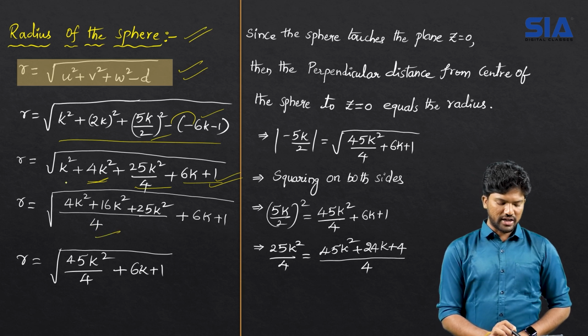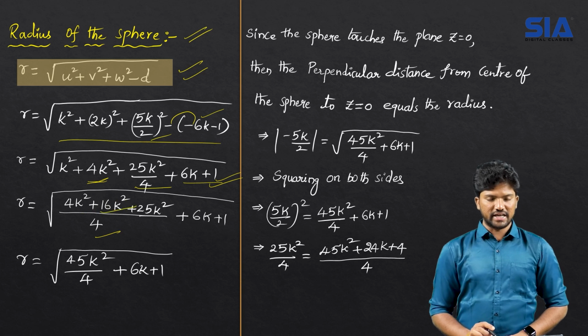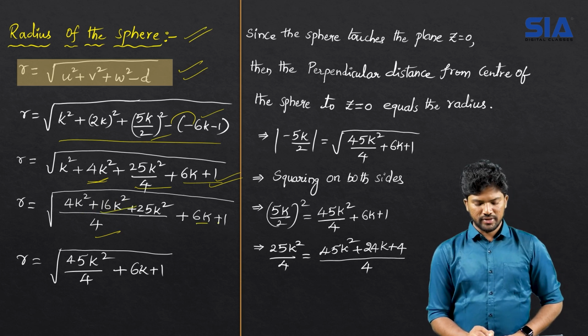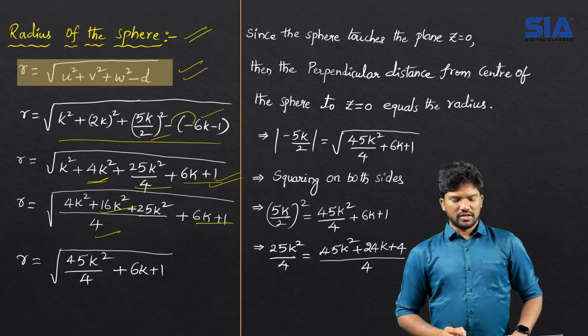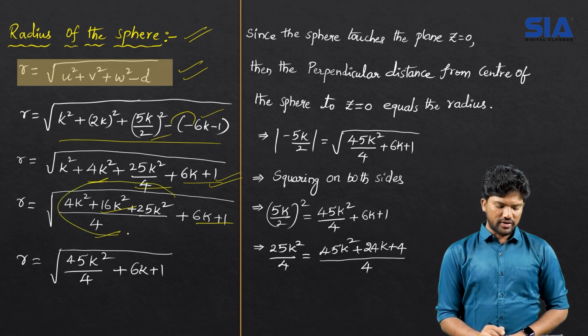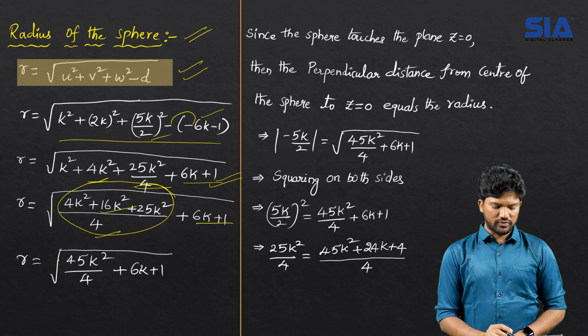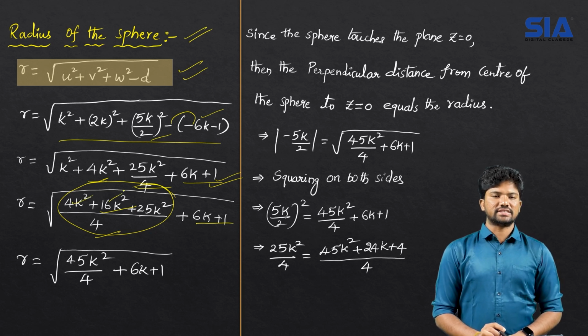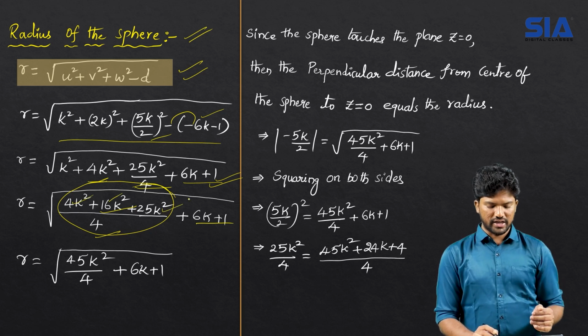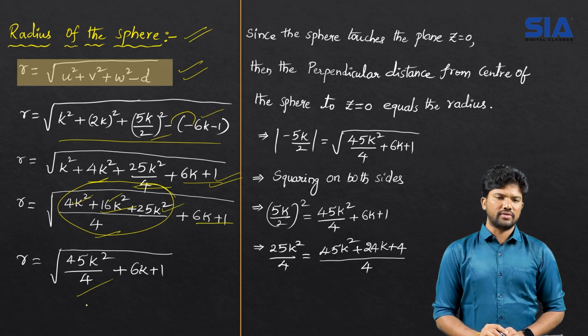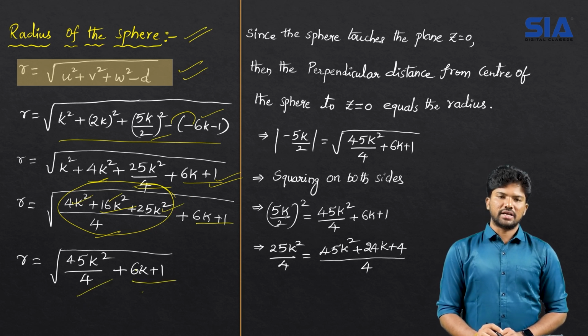If you take the 4 as LCM, then for 4k square, 4 into 4 is 16k square, plus 25k square, plus 6k plus 1. So therefore we are taking the LCM for only the k square terms. So 4k square plus 16k square is 20k square, plus 25k square, 45k square by 4, plus 6k plus 1.